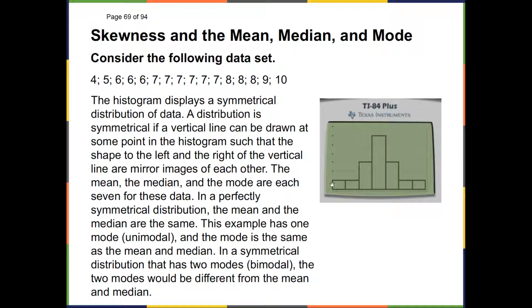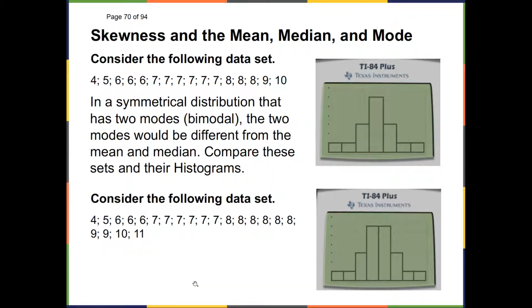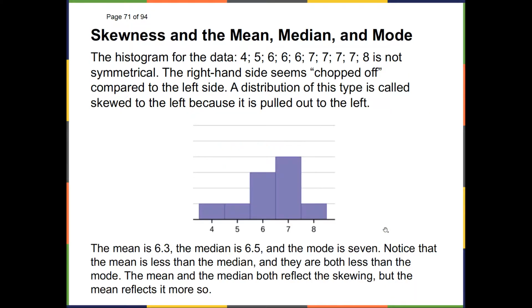This would be unimodal, as it's describing right here. You see it being bimodal when the mean and the median are very different from one another. I mean, we can see the bimodal right here. Again, don't worry too much about this kind of stuff.